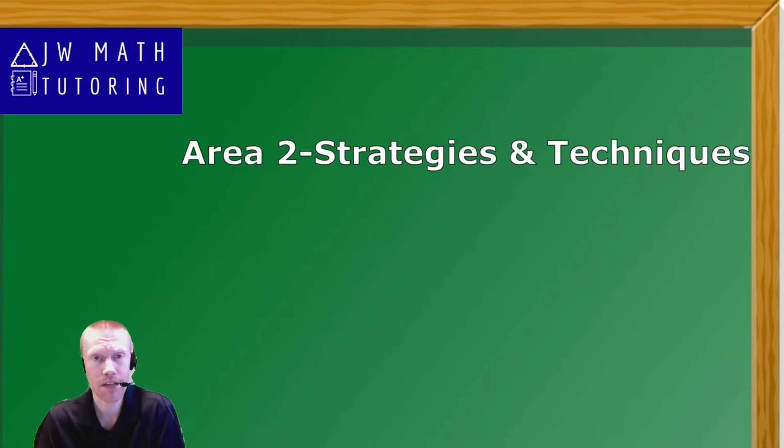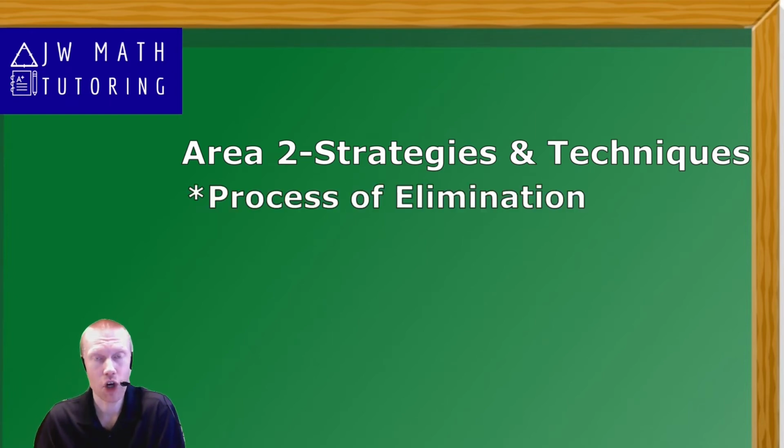I want to talk about process of elimination first because that is a tactic that can be used on any multiple choice test. It does not have to be a math related test. Process of elimination is just the idea that I have this number of answer choices in front of me, whether it's 4 or 5 or some other number, and rather than try to explicitly determine which answer is correct, I'm going to eliminate all of the incorrect answers.